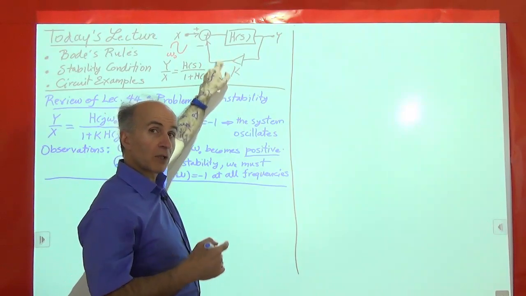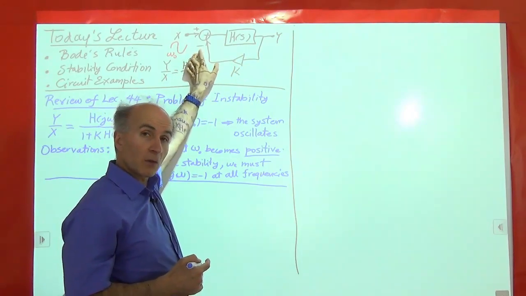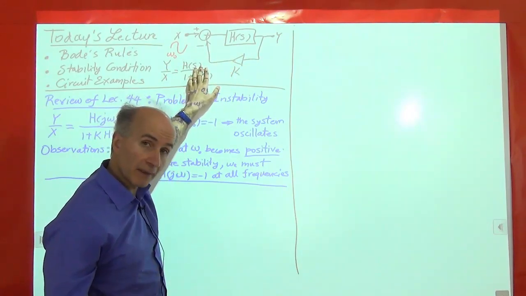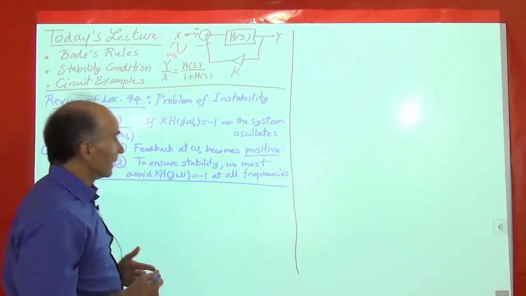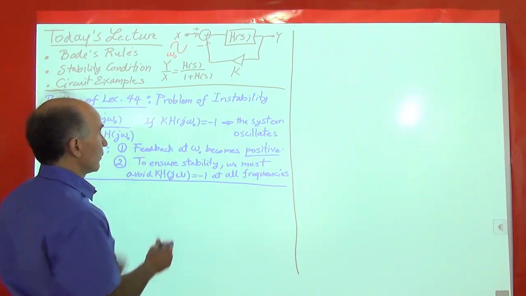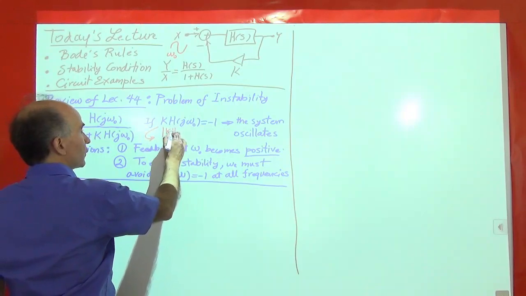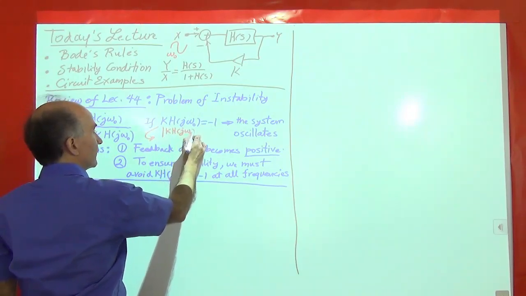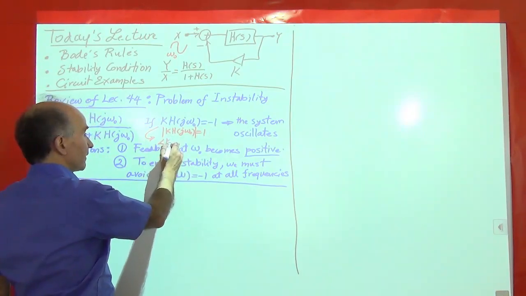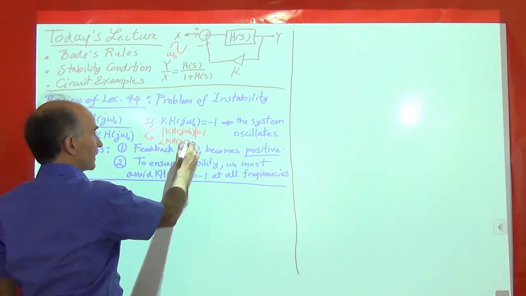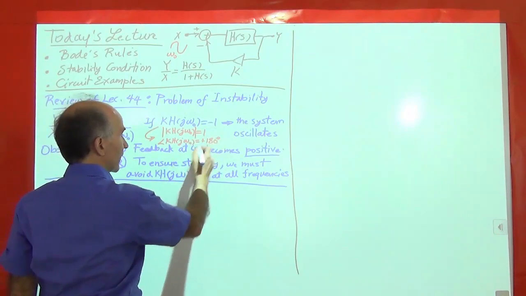So we have one inversion because of H of S, and then we have another negative sign here, so the overall feedback becomes positive at this frequency. And that's really the reason for this oscillation. And if you remember, we wrote this equivalently as the magnitude of kH at j omega 0 is equal to 1, and the phase of kH at that frequency is minus or plus 180 degrees, it doesn't matter.